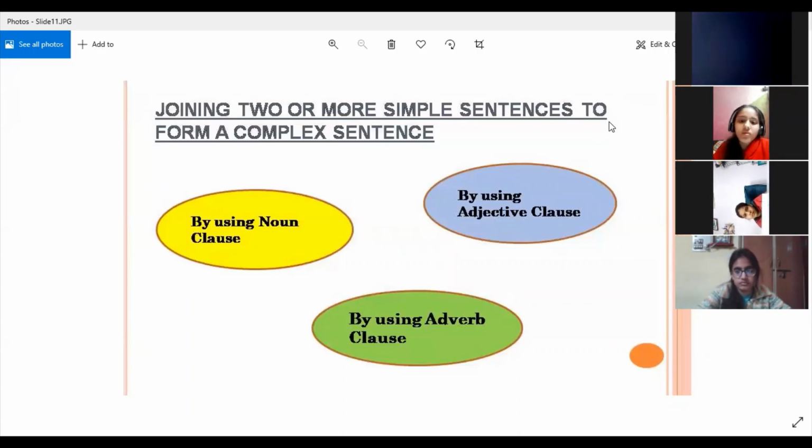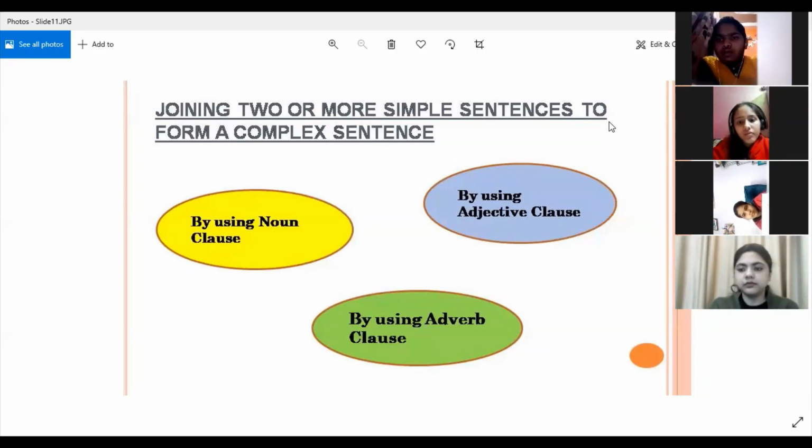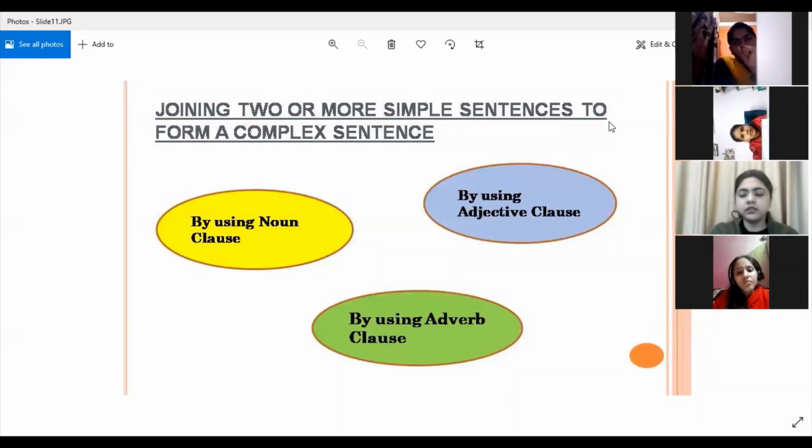Okay, what else? Ma'am, they have more than one finite verb. Yes, complex sentences have more than one finite verb, and they have one principal clause and a subordinate clause. Subordinate clauses are those which start with a subordinating conjunction.